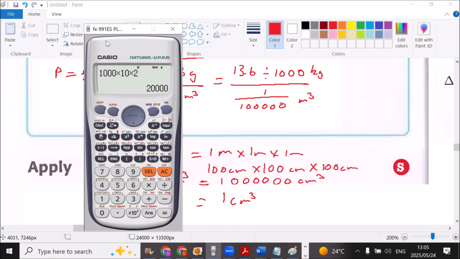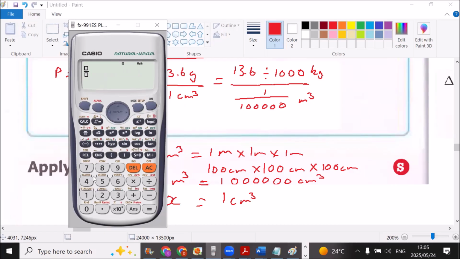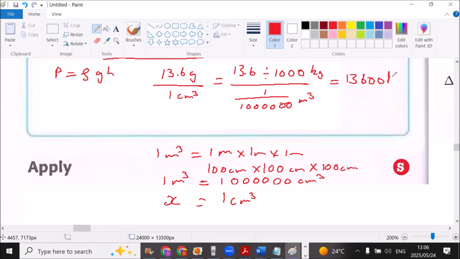Now we go to our calculator and start with this fraction. 13.6 divided by 1,000 over another fraction there, 1 over 1 million. This will give us 13,600 kgs per cubic meter.